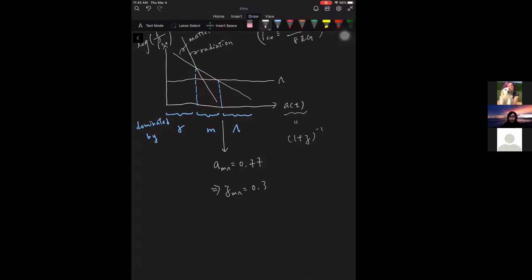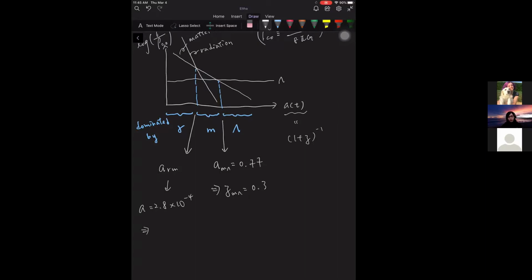And you can also derive the time at which the radiation and matter have similar densities, and you will get a very small value, about 2 times 10 to the 4th.